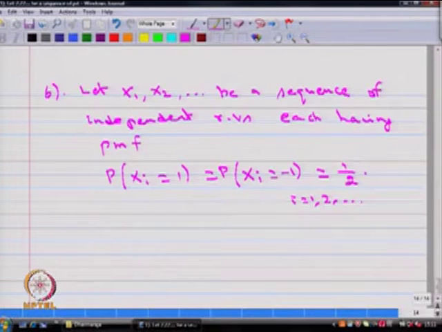That means it is a sequence of IID random variables and they are discrete type.